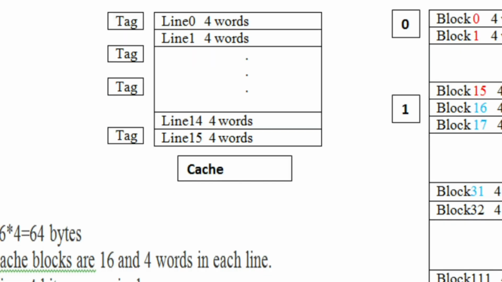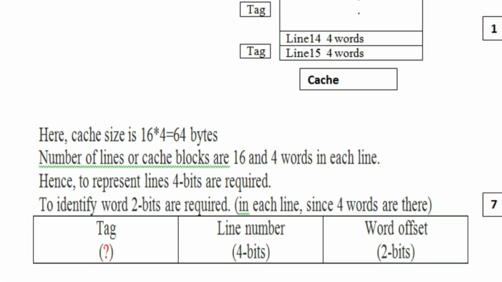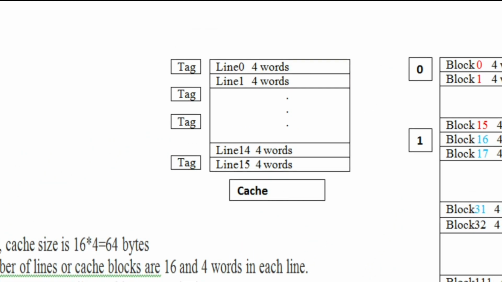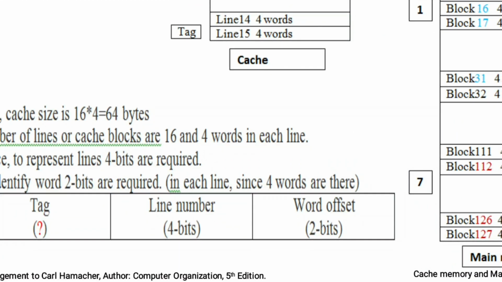Here the cache size is 16 into 4, that is 64 words or bytes. The number of lines or cache blocks is 16, with 4 words in each line. To represent the lines, that is the blocks in cache, there are 16, so to indicate 16, 4 bits are required.